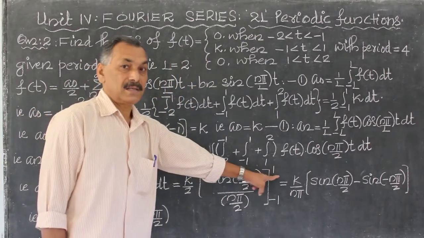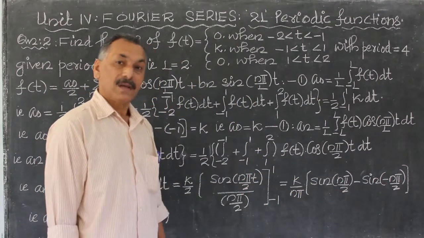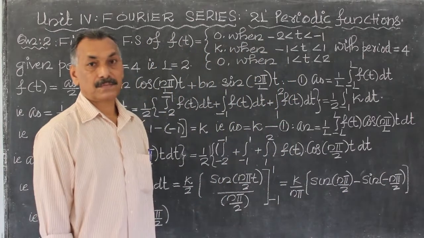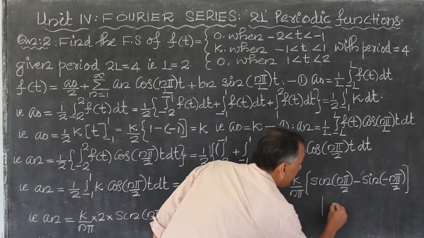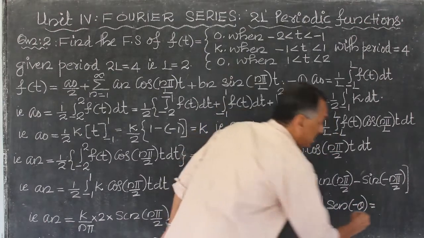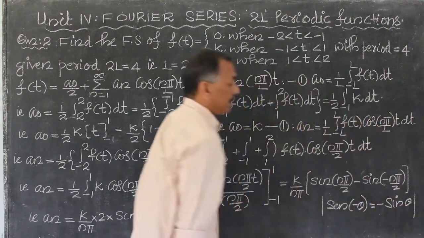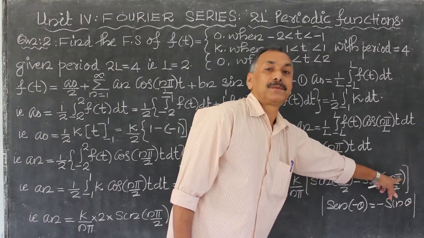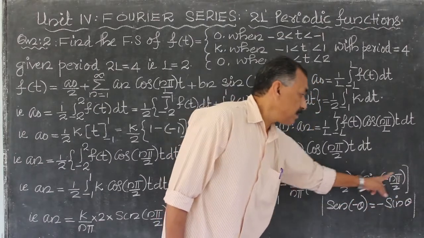Now apply the upper limit t equal to 1: sin(n pi by 2), minus the lower limit t equal to minus 1: sin(minus n pi by 2). What is sin of minus theta? Sin of minus theta is equal to minus sin theta. So sin(minus n pi by 2) is minus sin(n pi by 2), and minus into minus gives plus sin(n pi by 2).